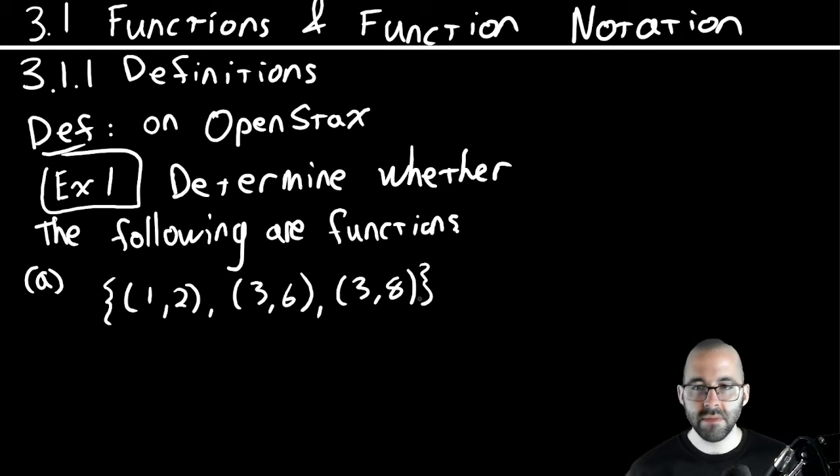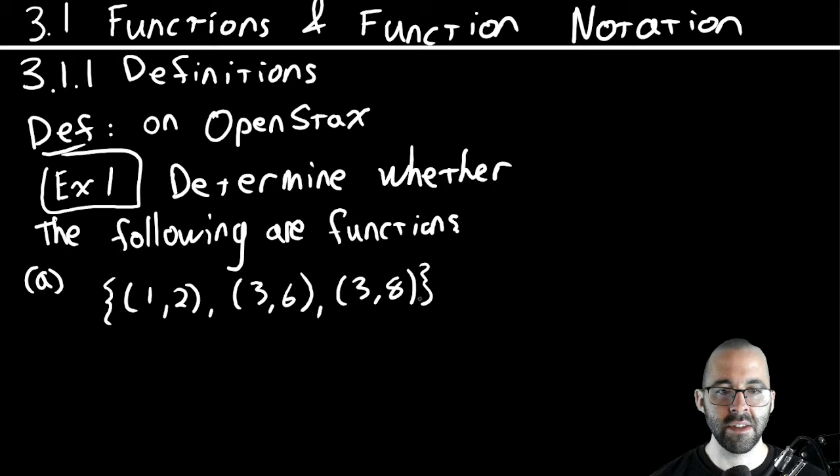So there are 3 points in this relation, and something is a function if each input only has one output, if every question only has one answer. So let's look at the inputs. The inputs are 1, 3, and 3 again. That's the domain. The independent variable is x.